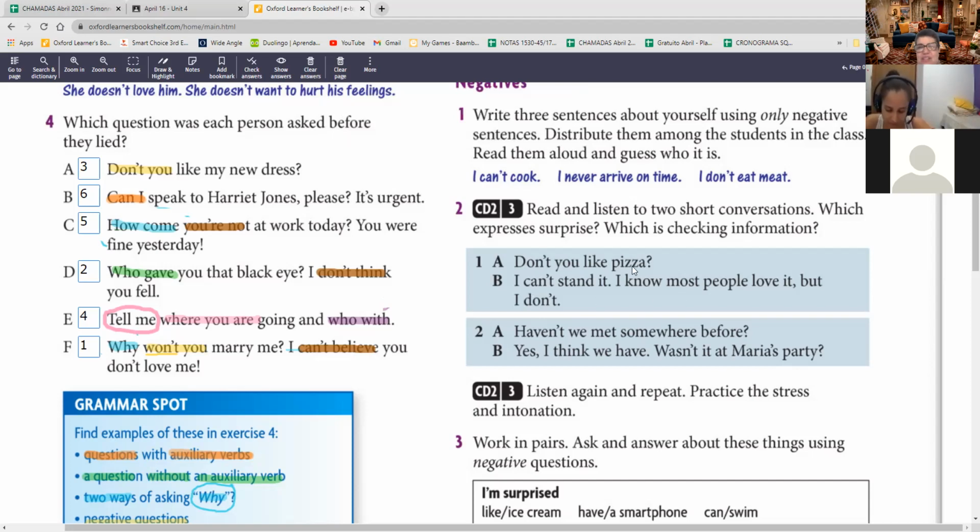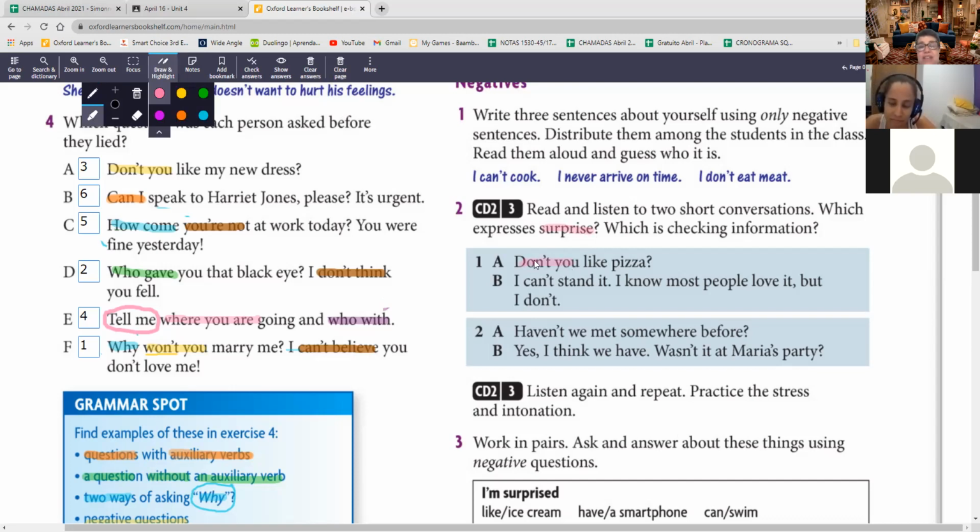Great. So which one here expresses surprise? The first one. Yes, great.